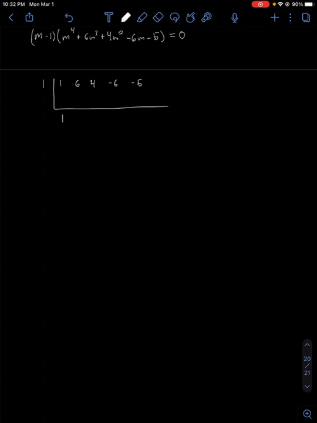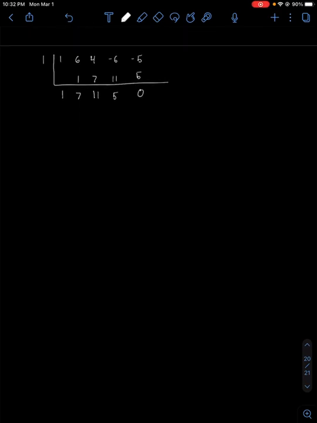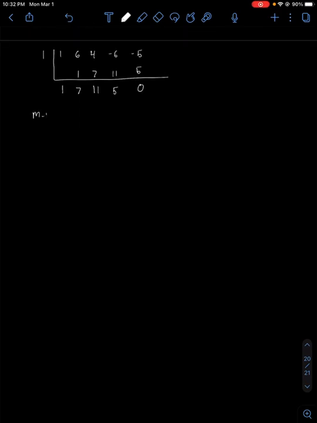Bring down the 1, 1, 7, 7, 11, 11, and that's 5. That's 0. So we got m minus 1 squared times m cubed plus 7m squared plus 11m plus 5.